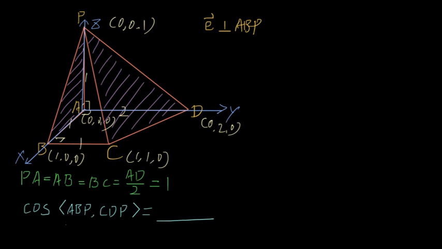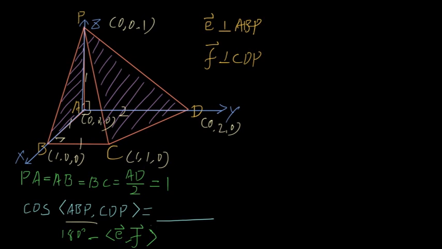That's what we have down here. And we have vector F, again perpendicular to plane CDP. The angle between APB and CDP is 180 degrees minus the angle between vector E and vector F.